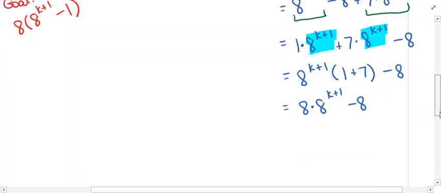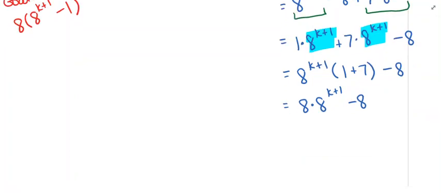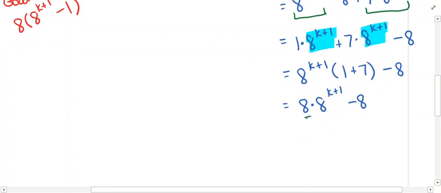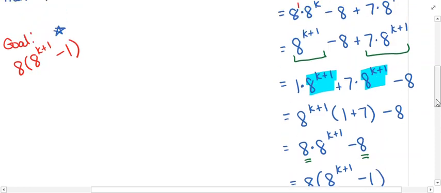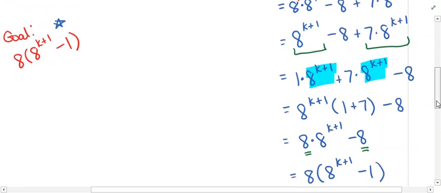Okay. And then I have another set of like terms. Okay. This first term has an 8. This term has an 8. I can factor it out. That is going to leave me with 8 raised to the k plus 1 power minus 1. And boom, that is my goal. Okay, so we are done.